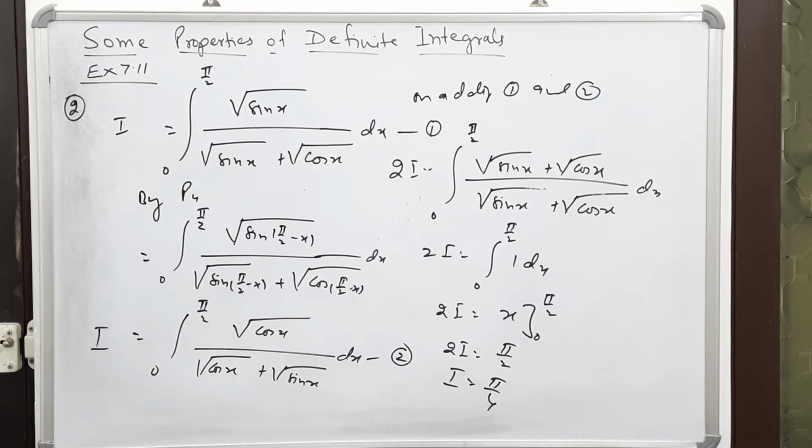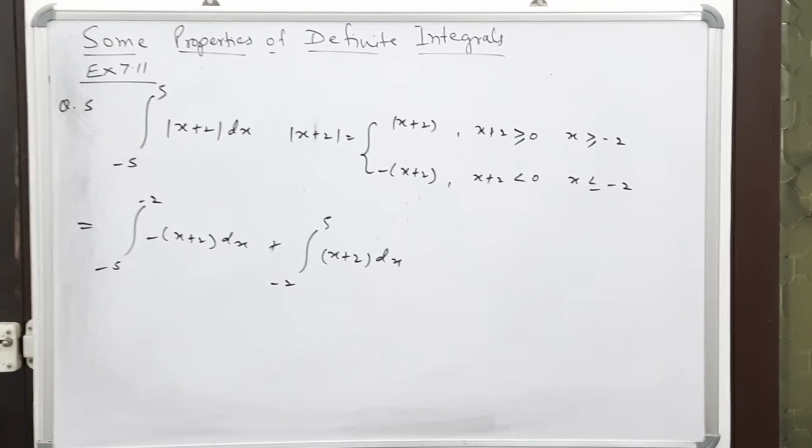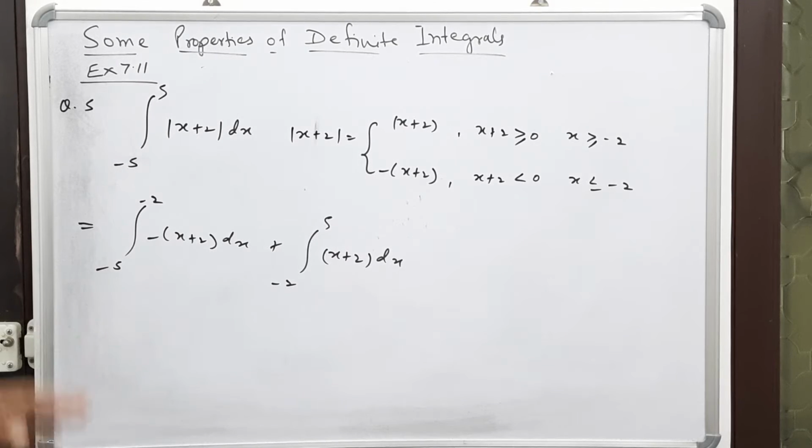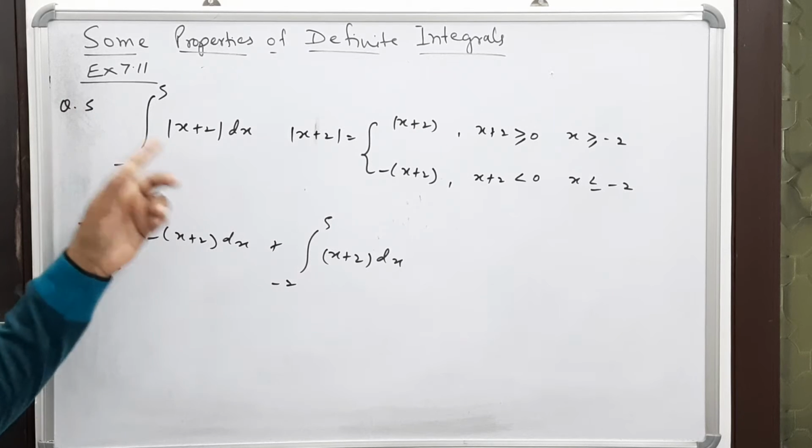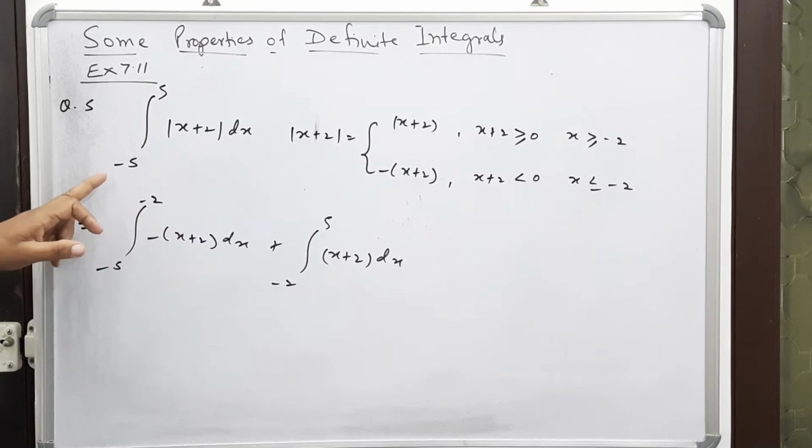Now I am taking problem number 5, where the modulus function is there, and it will have a different approach. Yes, dear students, see a problem of modulus function, and the interval is -5 to +5. We have to find the value of this.